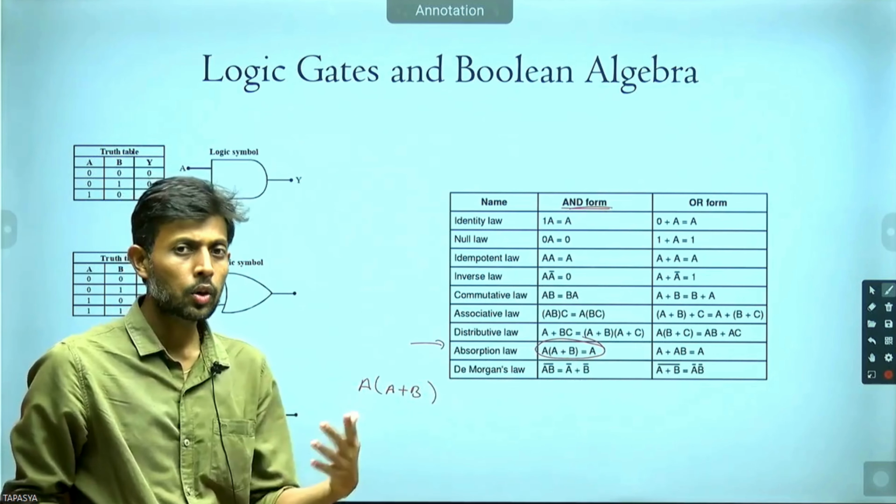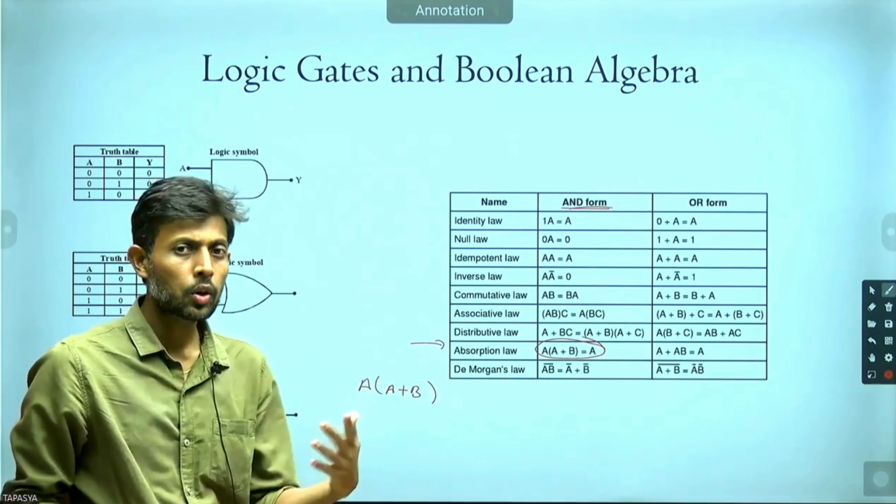A into (A plus B) will give us AA plus AB. Now, A into A, or A and A, gives me A. How do I know that? A and A gives me A. See? A and A gives me A. So we get A plus AB.